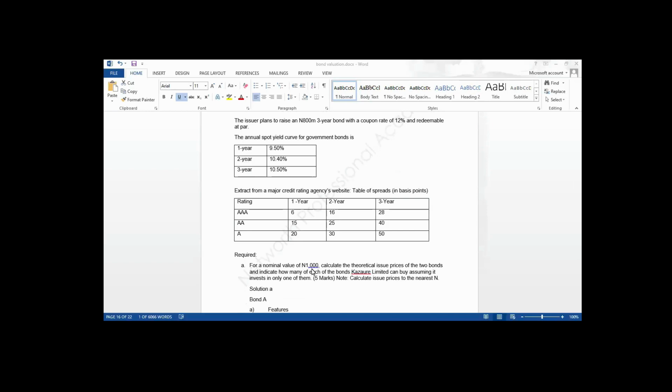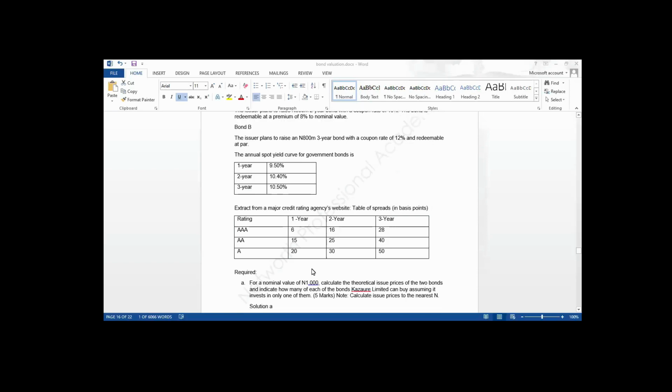So document it. Maturity 3 years. Annual coupon 12%. Face value 1,000. What is the redemption value of this bond? 1,000, sir.